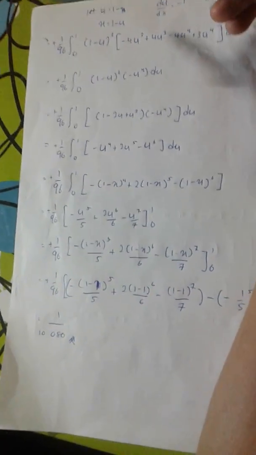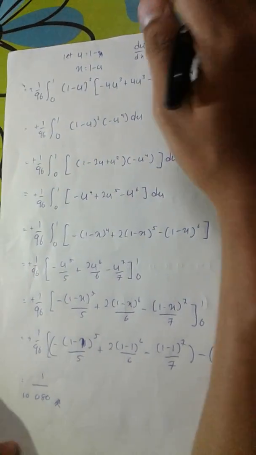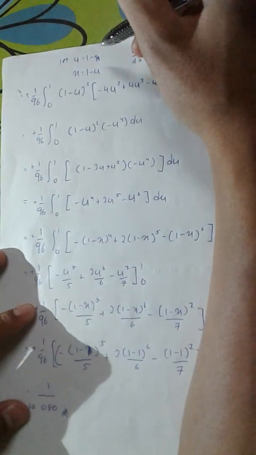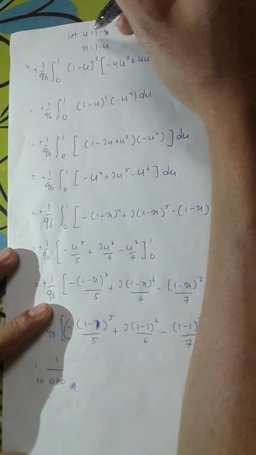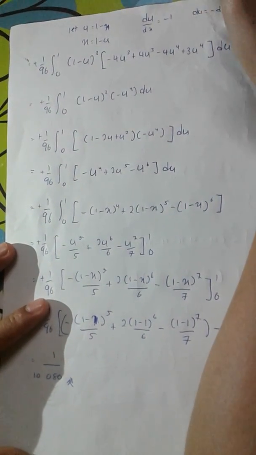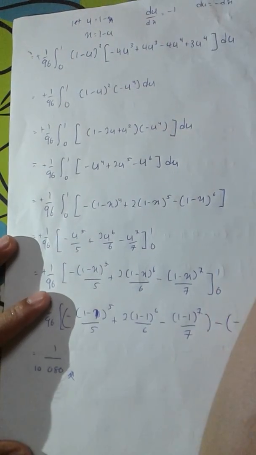Then we move to the next step. We need to integrate each term. As we know, for 1 minus x, same as before, we need to use the substitution method. We let 1 minus x equal u, and we manipulate it as x equals 1 minus u.